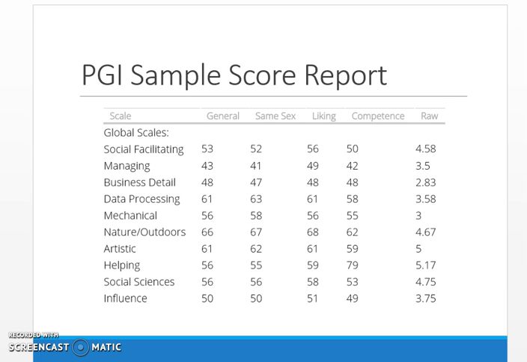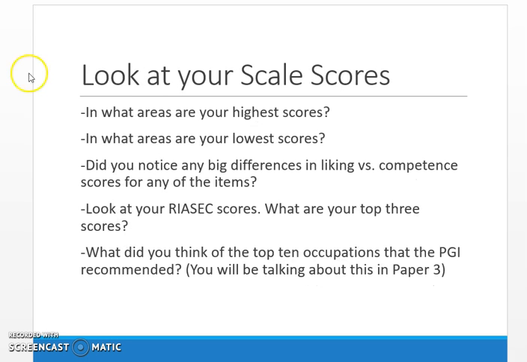Alright, so some questions to keep in mind when interpreting your scores. What areas did you score highest? And what areas did you score lowest? On one hand, pay attention to whether or not you scored above a 60 or below a 40, but also what your scores are in relation to your other scores.